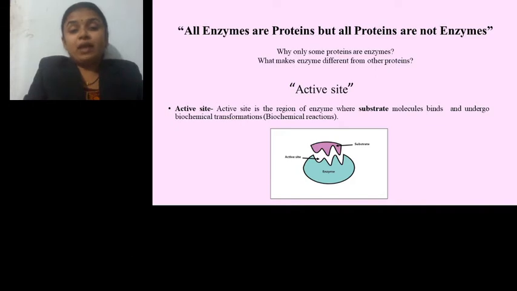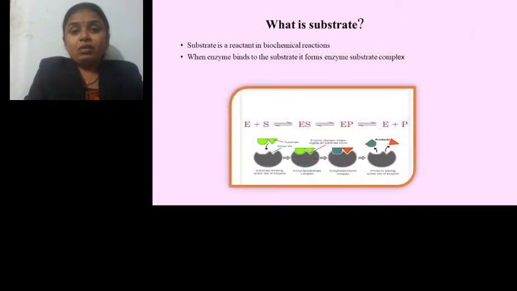Then what is the active site? The active site is the region on the enzyme where the substrate molecule binds and undergoes biochemical transformations, which are also called biochemical reactions. What is a substrate? The substrate is nothing but the reactant in biochemical reactions.